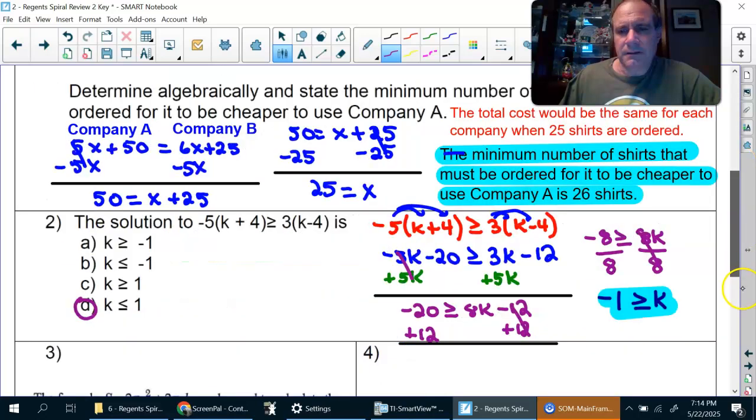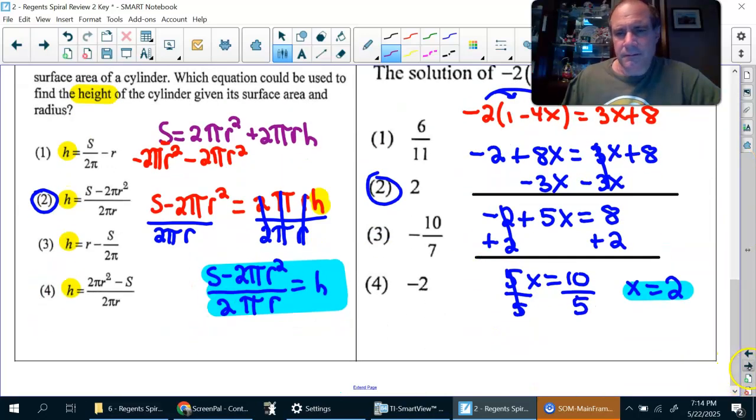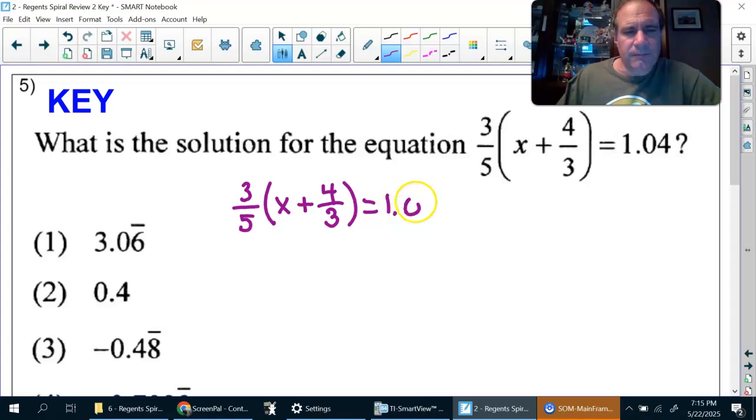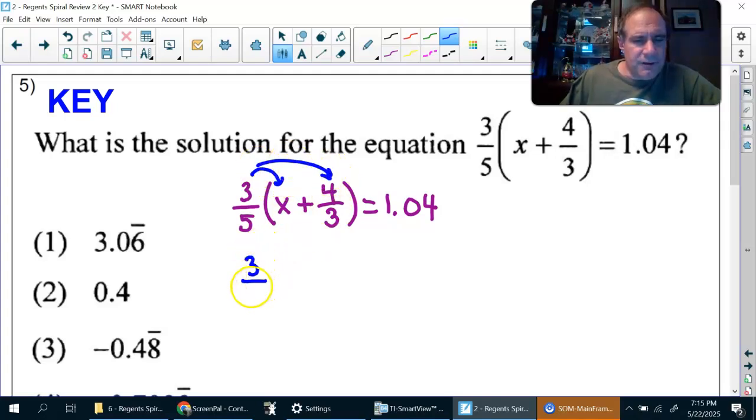Don't know why that went back a page, but I'm just going to rewrite it. 3/5 (x plus 4/3) equals 1.04. So, distributive property. This is 3/5 times x, which is 3/5 x.